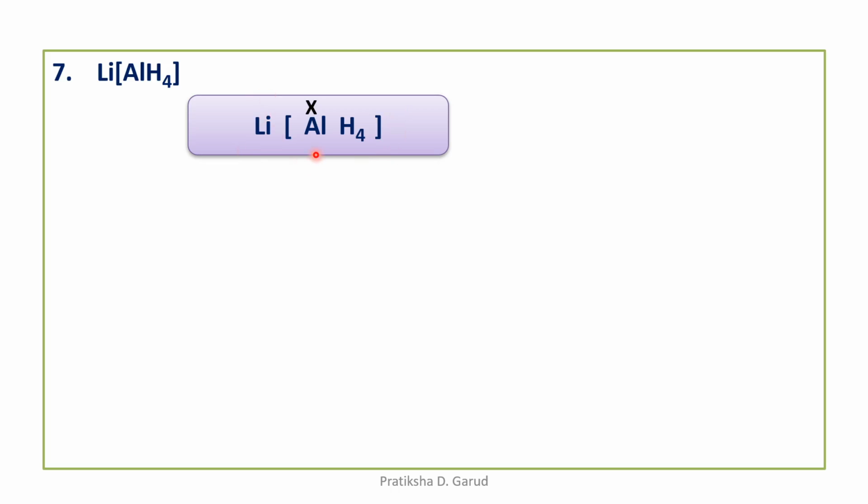Aluminium is the central metal atom, for which we have to find out the oxidation state or number, therefore it is X. Then for the lithium we are having the +1 charge, hydrogen having the -1 charge. So the oxidation number becomes X plus -4, which is equals to -1, and hence X is equals to +3. So the oxidation number of this aluminium is +3.